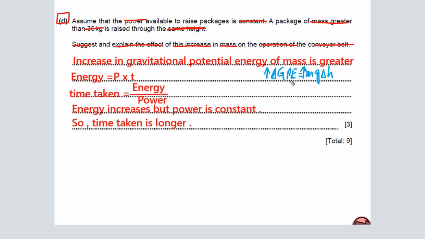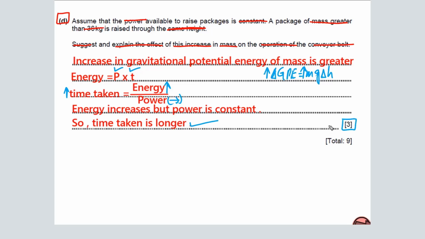Now, energy is equal to power times time. The power of the motor is constant, but the energy has increased. It means the time taken will also increase. So it will take a longer time. If you write down these points, you will get full marks.